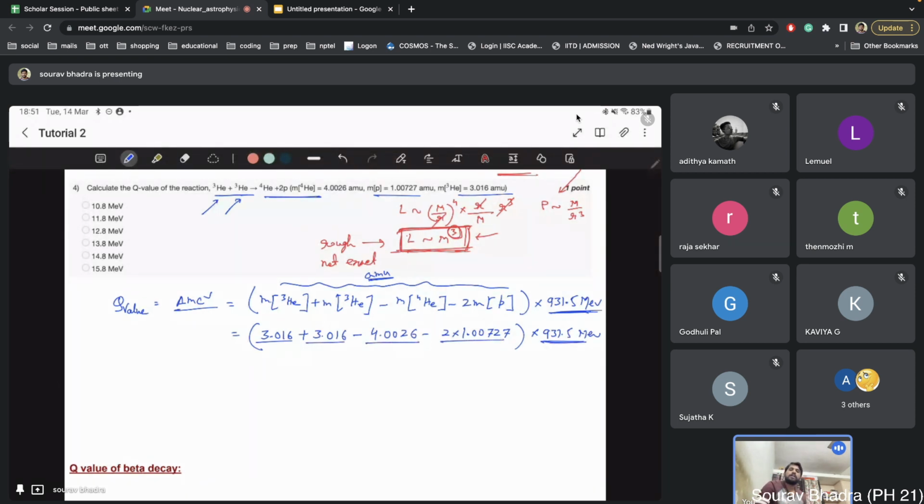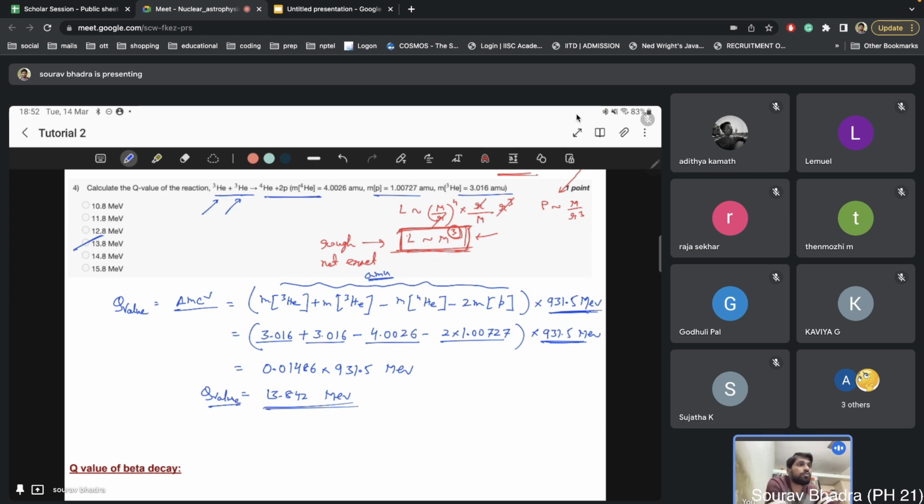You can do it in kg, putting the c square, calculate it in joules, then convert it to MeV also, but this is the easiest process. So it is 0.01486 times 931.5 MeV, that will be 13.842 MeV. So this is the Q value, 13.8 MeV, for this reaction.